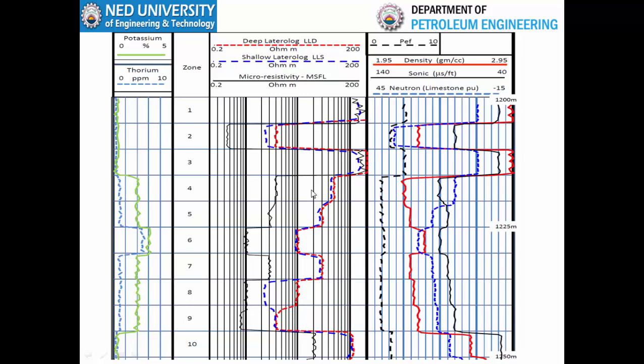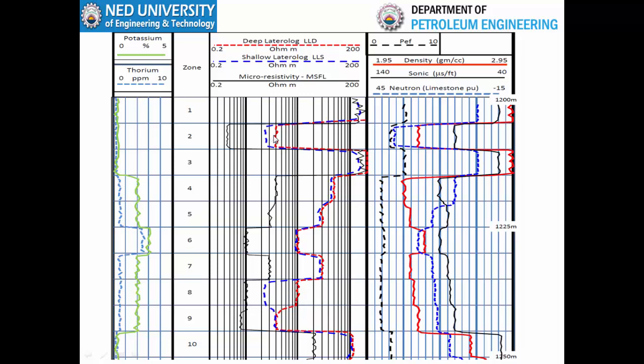One thing you can notice in this log response is that for the majority of the zones the LLS and LLD values are overlapping, except obviously in zone number 8 and zone number 2.